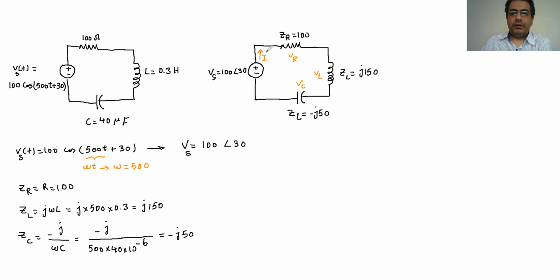To find the I, the easiest way is to assume there are three resistances in series, and just find the equivalent resistance.